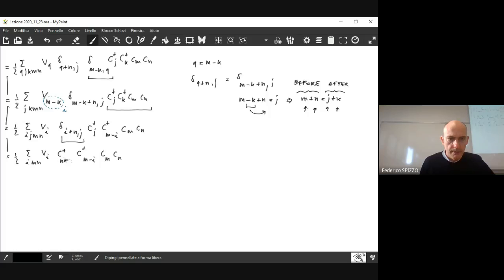So I have n plus I. So if you notice the structure of these four operators, you have the destruction of level n and level m, and the creation of two levels, m minus I and n plus I. So if you notice, they have an exchange.